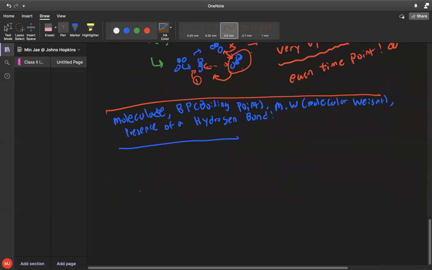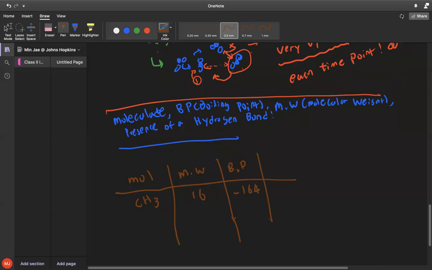Okay. So, for example, let's consider a molecule, CH4, which is methane. The molecular weight is about 16, and its boiling point is about minus 164.